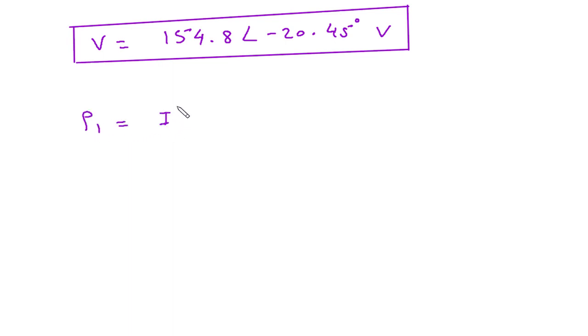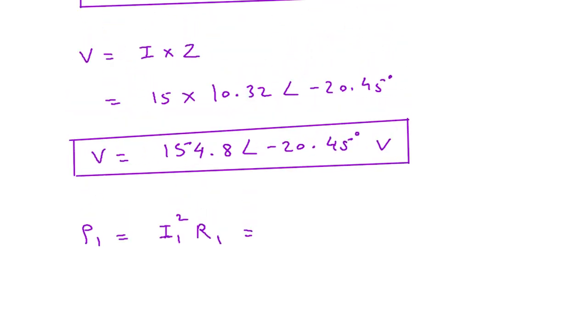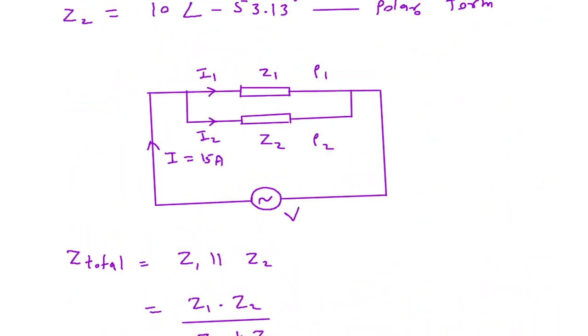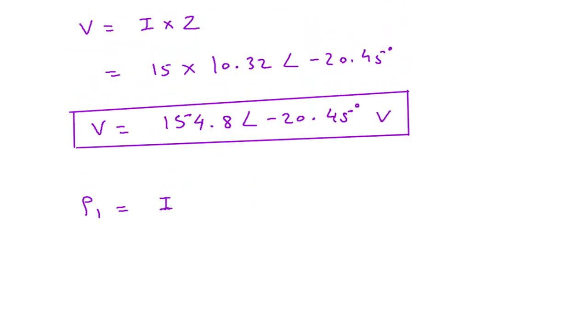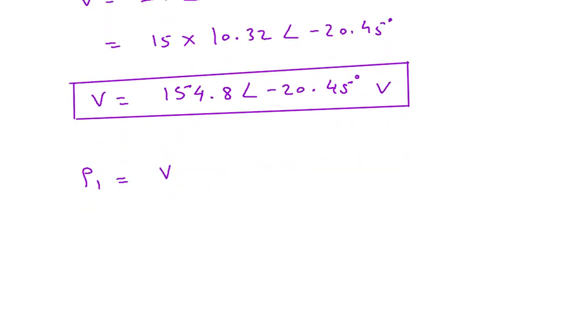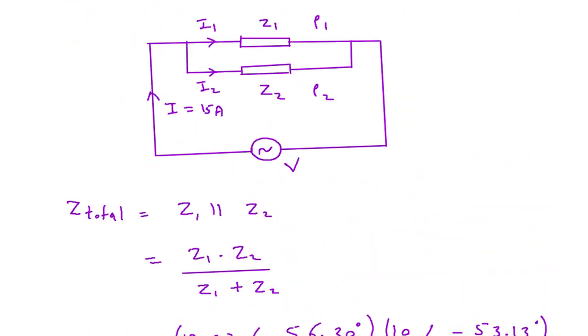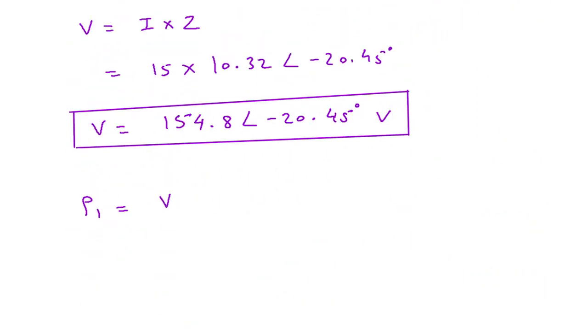P1 will be equal to I1 square into R1. We can find this by using V square by R, or by I1 square into R1.